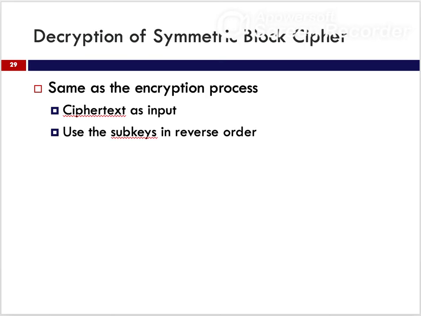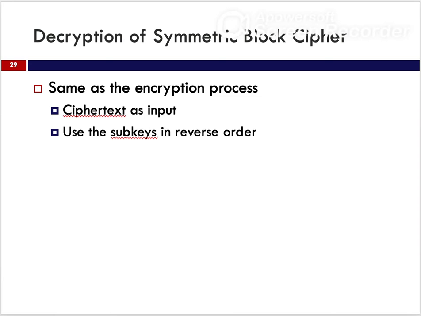The decryption algorithm in a symmetric block cipher is the same as the encryption algorithm. We give the decryption algorithm the ciphertext and subkeys as input, because there is one key for each round. The only difference between encryption and decryption is that in decryption we use the keys in reverse order.